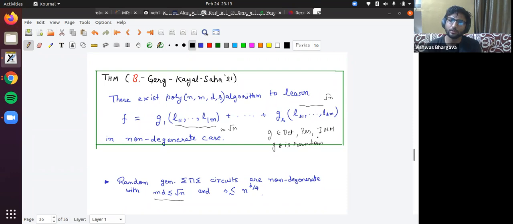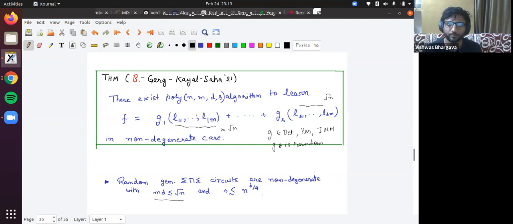Since each of these individual G_i has low arity, just the simple partial derivative measure works to give us a lower bound. The natural question was, can we then use these partial derivative linear operators to learn this seemingly monstrous circuit class? And as it turns out, all the machinery works. We can show that there is a direct sum structure and the adjoint algebra is trivial if G_i belongs to this family or is random. Using the machinery I described before, we were able to get learning for this model.